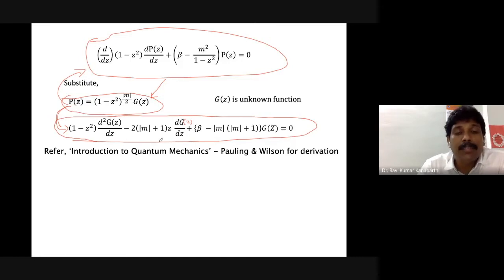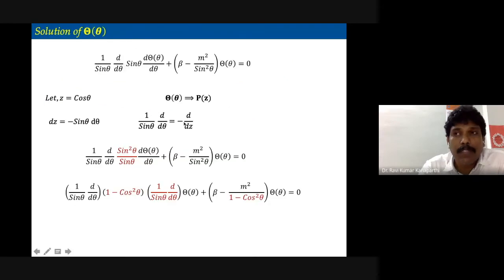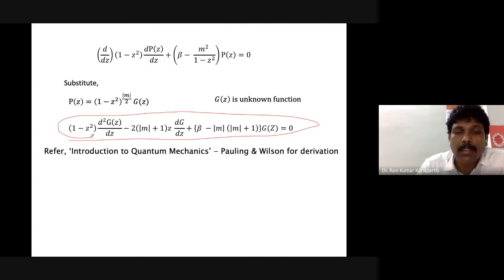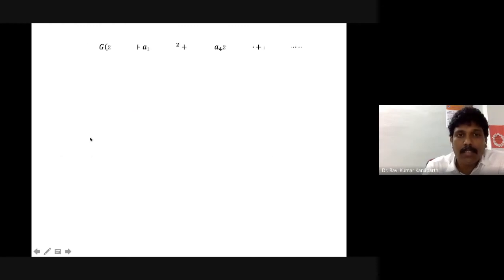This differential equation one has to solve for getting g of z. It's not that easy to solve this expression, but people have managed it. Let us look into how it is managed.